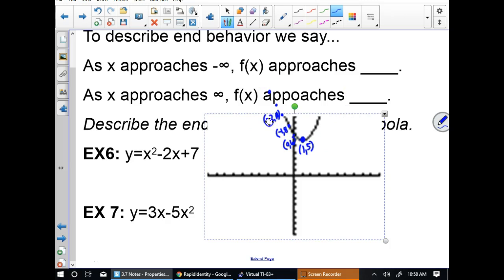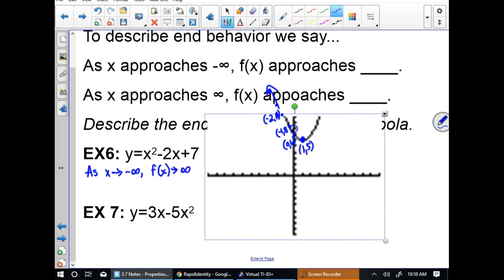So as the x-coordinate gets more and more negative, what's happening to our y-coordinate? Is it getting bigger or smaller? It's getting bigger. The y-coordinate is getting bigger and bigger. It's going up, right? We see this side of the graph is going up. So we would say, as x, and you can use this little arrow right here to mean approaches, as x approaches negative infinity, f of x approaches, if the number's getting bigger and bigger and going up, up, up, what would that be?